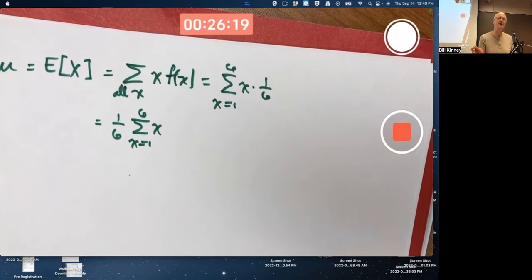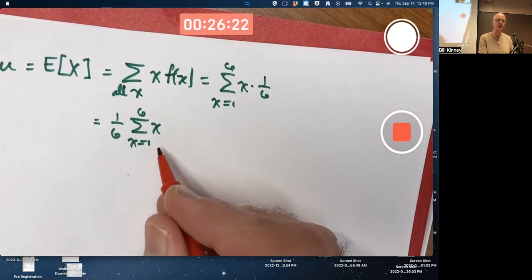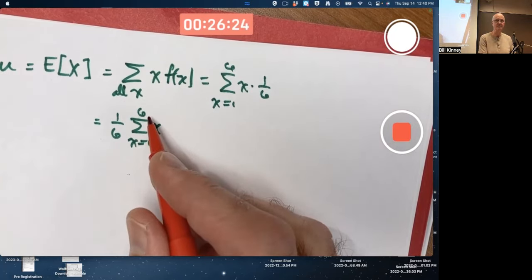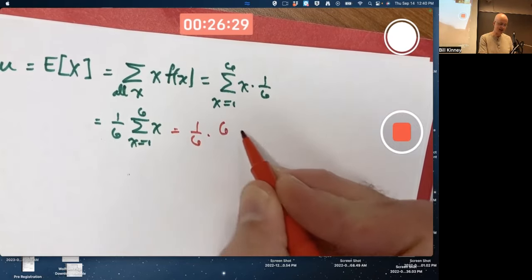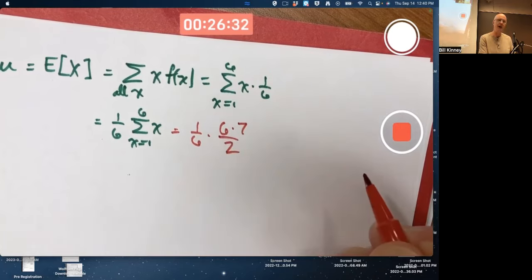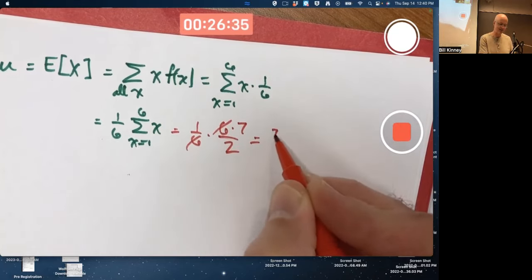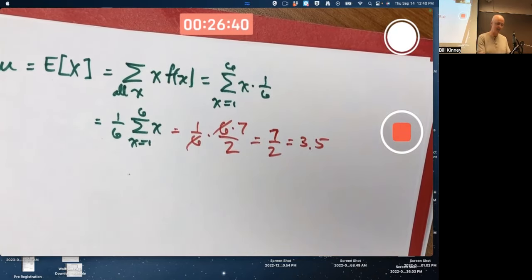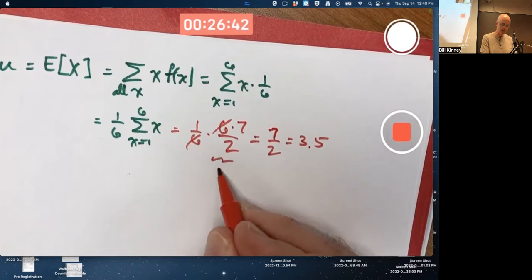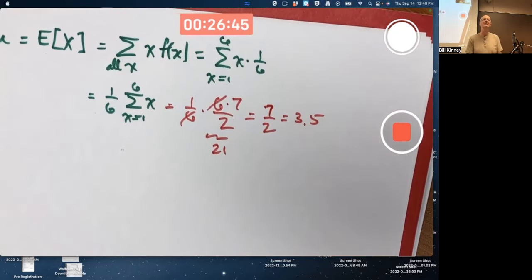That's what we got here, the first 6 positive integers. N is 6. This is n times n plus 1 over 2. Oh, 6 is canceled, 7 halves. The sum is 42 over 2, which is 21. 21 times 1/6 is 3.5. Just like I guessed a minute ago.